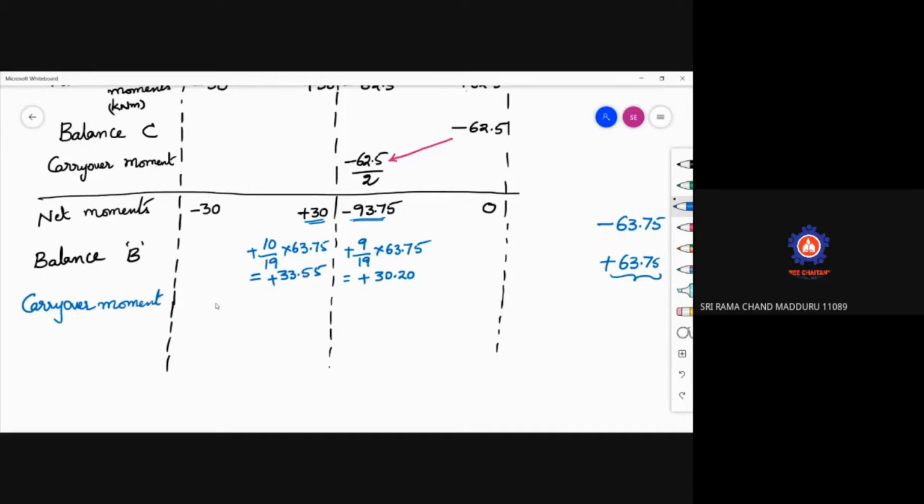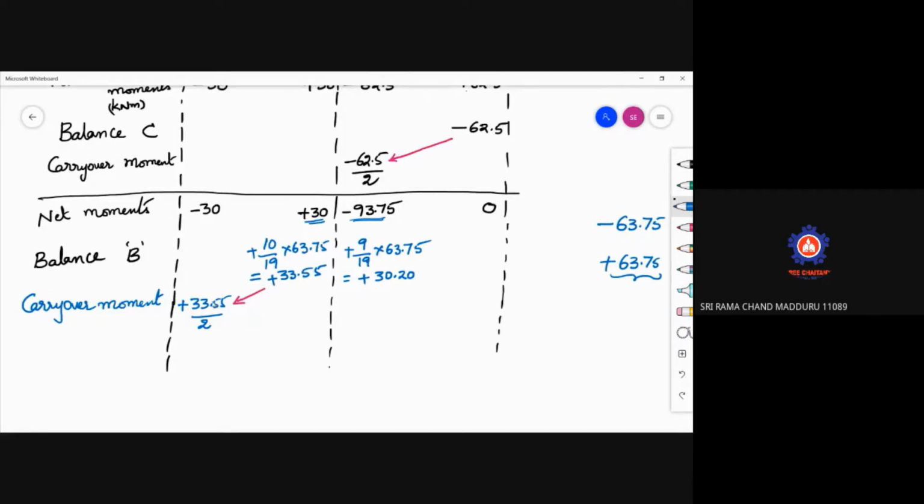So what is the carryover moment when the far end is fixed? What is the far end here? A support is fixed, so half of the moment will be carried here. So this is plus 33.55 by 2. Whereas coming to here, this is plus 30.20, and the carryover moment will not be there.